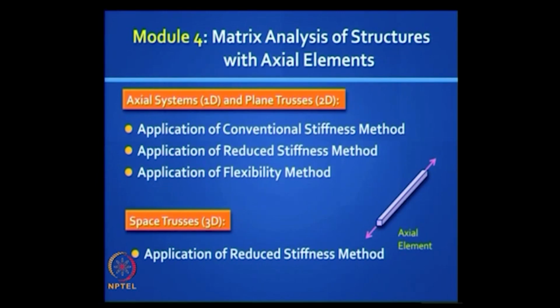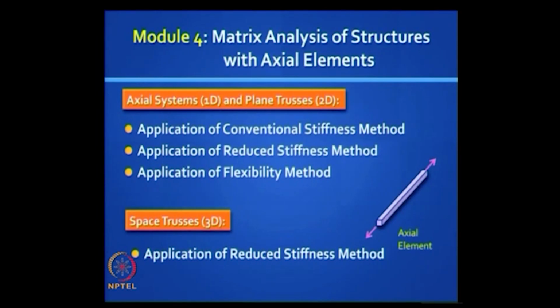Now axial elements can go into 1D structures, 2D structures and 3D structures. In 1D structures and 2D structures, we will demonstrate application of the conventional stiffness method, the reduced stiffness method and the flexibility method.